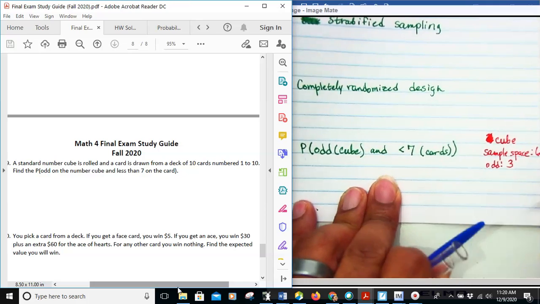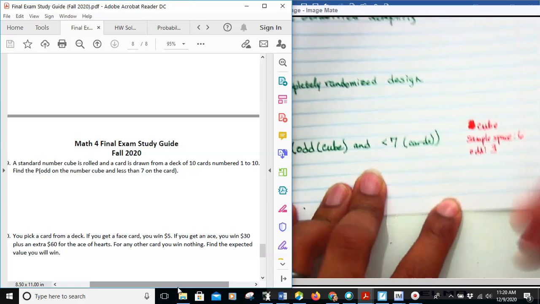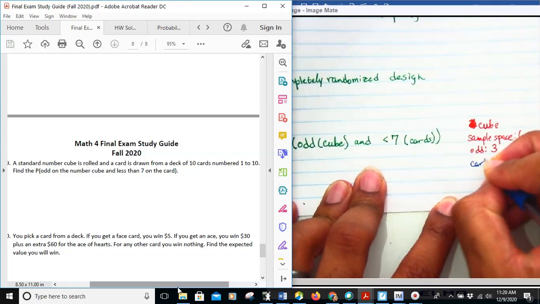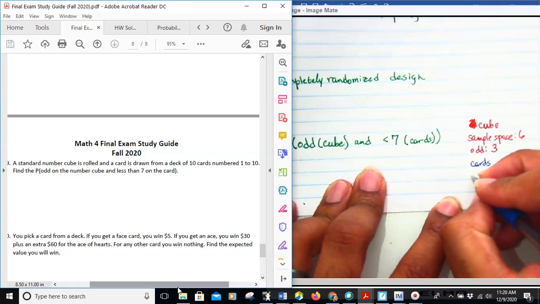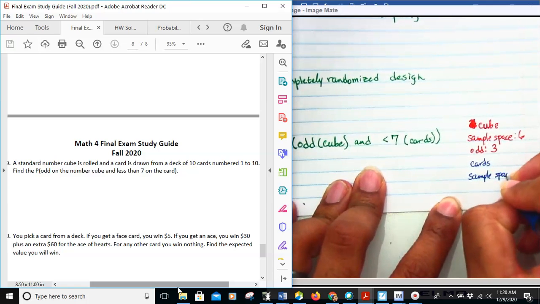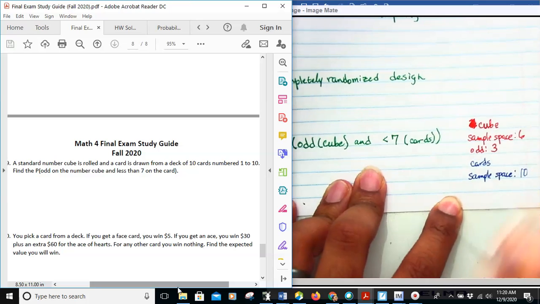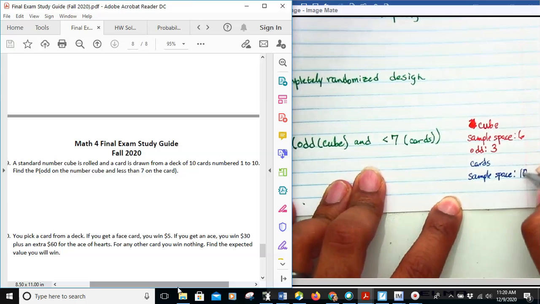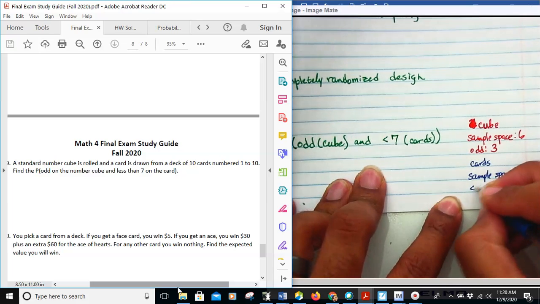And then the cards, there are 10 cards in all, so our sample space would be 10. Then it says the cards that are less than 7.